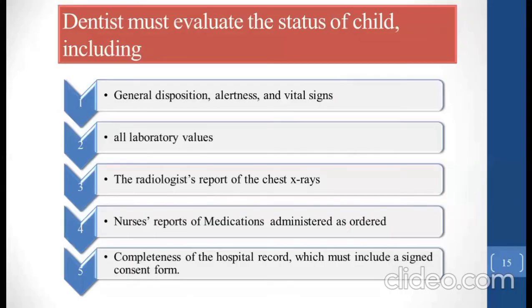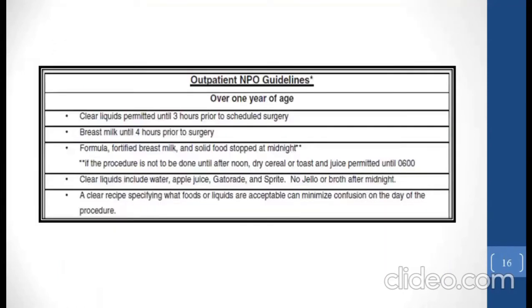The dentist must evaluate the status of the child, that includes general disposition, alertness, and the vital signs, all the laboratory values, the radiologist report of the chest x-ray, nurse's report of medication that is administered as ordered, completeness of the hospital record, which must include a signed consent form.